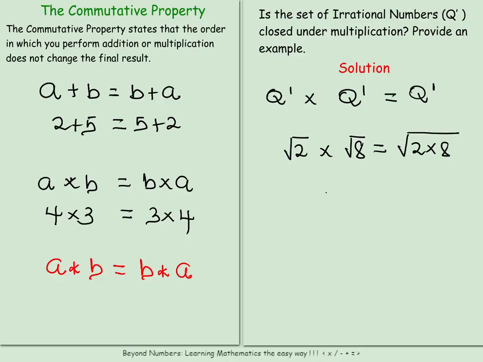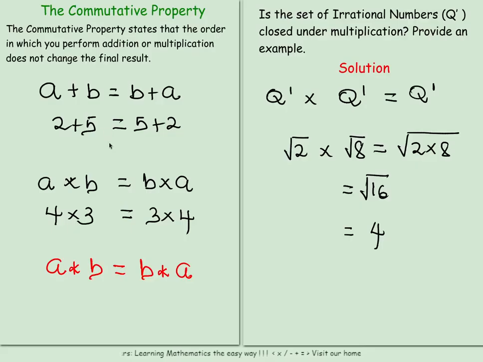You see? And 2 times 8 then gives us what? A root of 16. Root of 16, on the other hand, is a 4. And look at what has happened. We have multiplied an irrational number by another irrational number, and the answer given to us is a rational number.